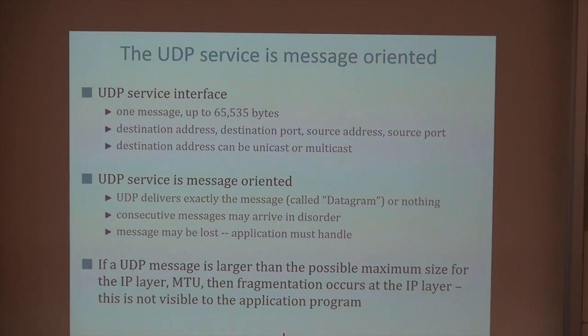If the message is too large to fit in one IP packet, it will be broken into several IP packets, and the IP layer will reassemble all these elements and deliver it to the transport layer. Which means that if you write a very long message, for example 2,000 bytes, it will need two IP packets.